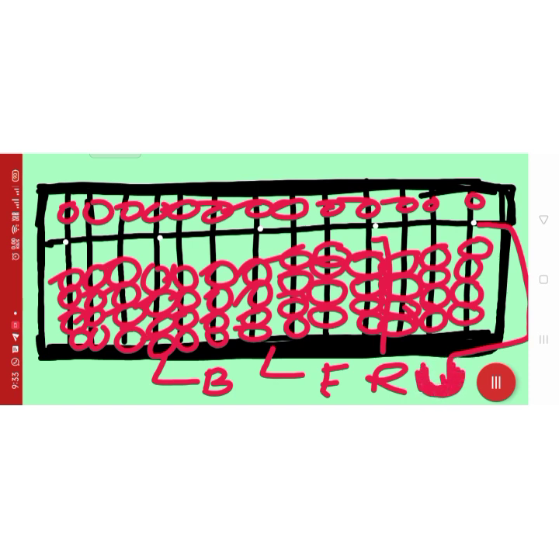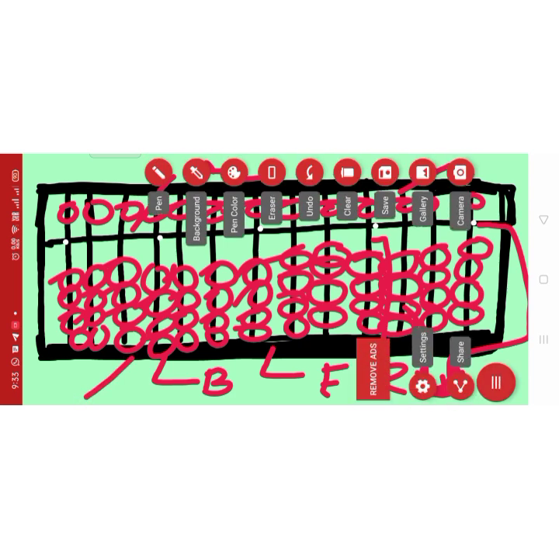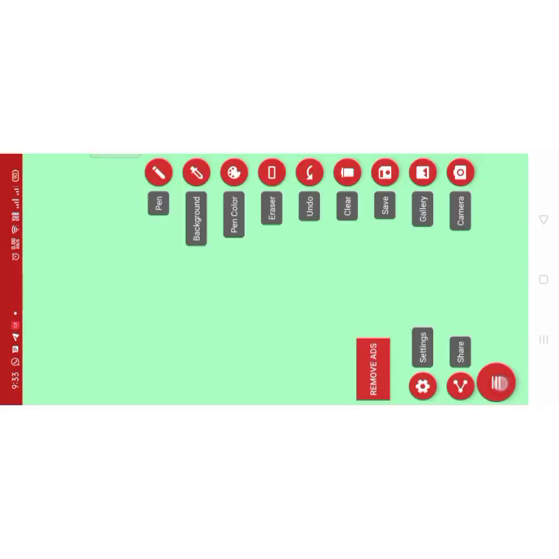And this black line is called the answer line. Clear? And this is upper bead, this is lower bead. Okay, let's move to the next point. Now, how will you do it in your book? Let's see.